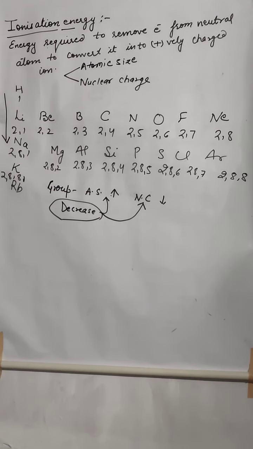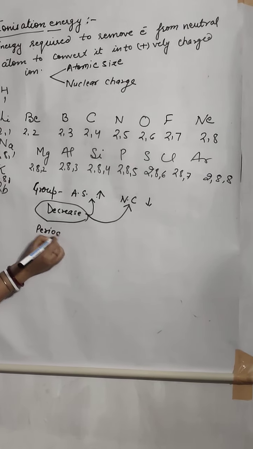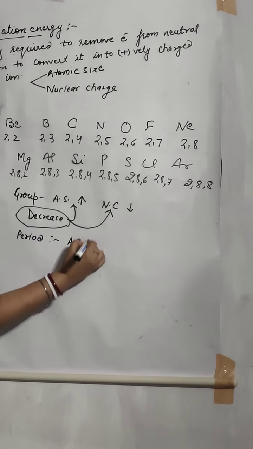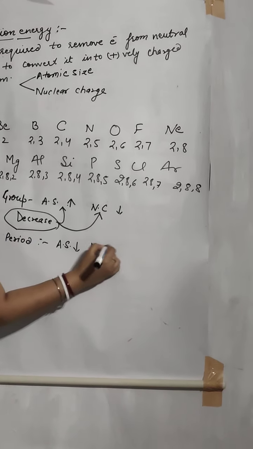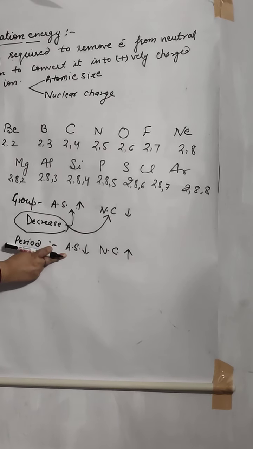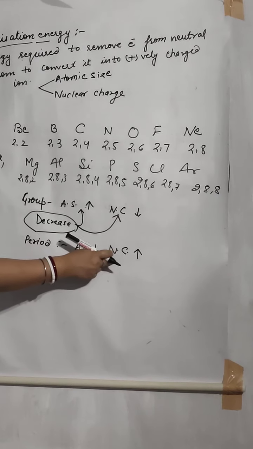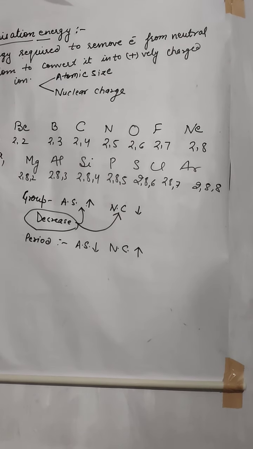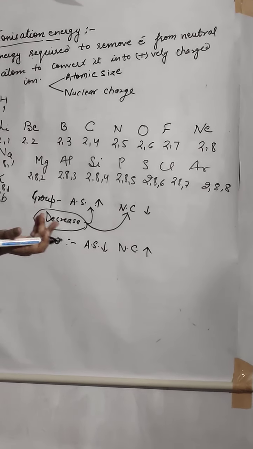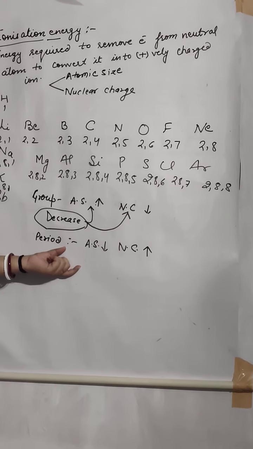Now, what happens when you move left to right in a period? When you go left to right in a period, atomic size decreases and nuclear charge increases. Nuclear charge increases, so it will exert a greater force of attraction on the electron. With more force of attraction on the electron, it will not be possible to remove the electron very easily.